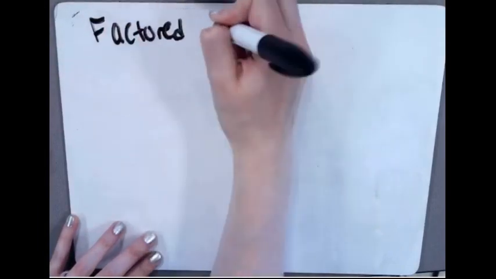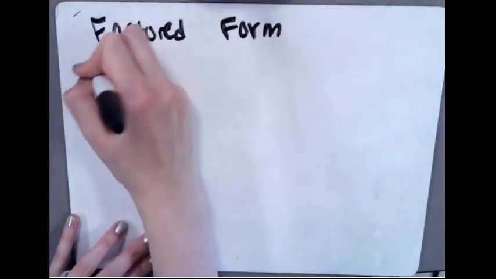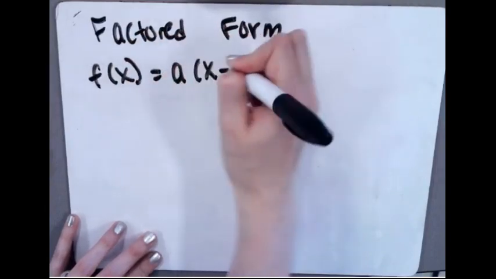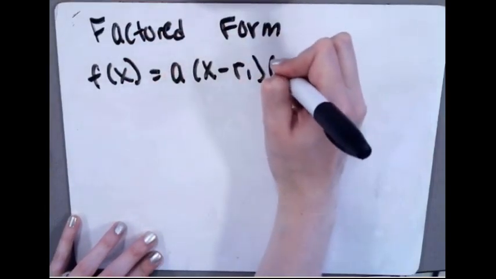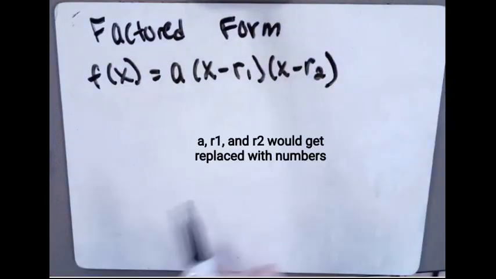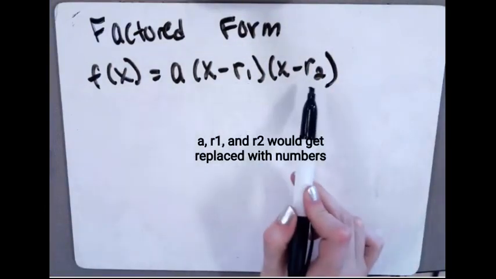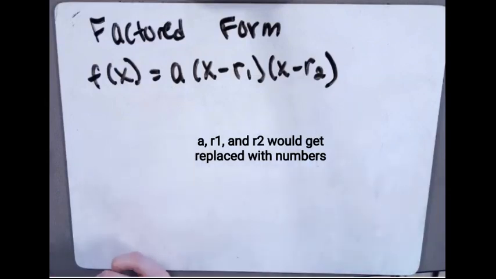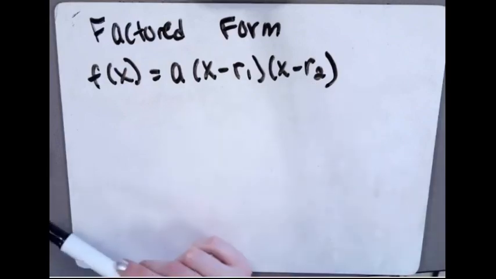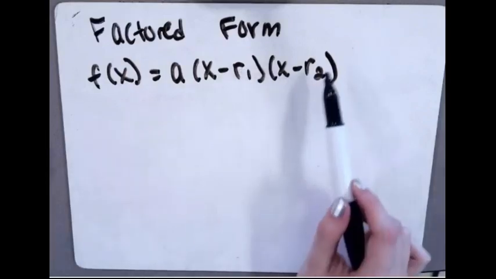Another form we can use to write quadratic functions is called factored form. To make a real equation, the 1 and 2 are just showing that these are potentially different numbers.